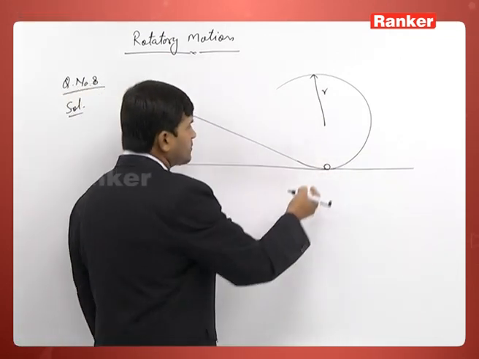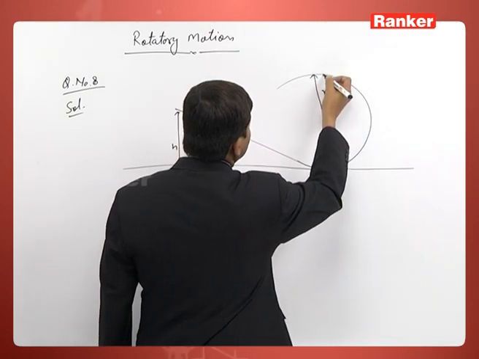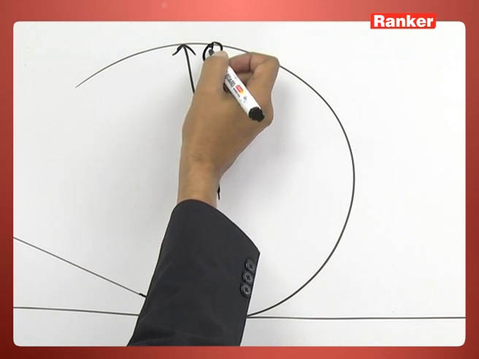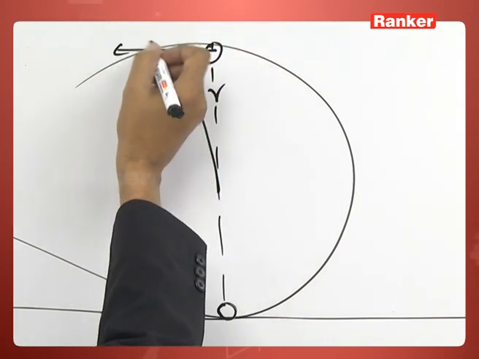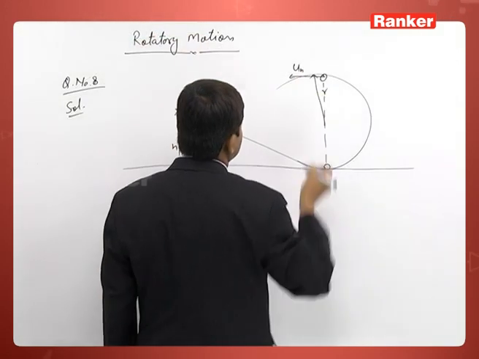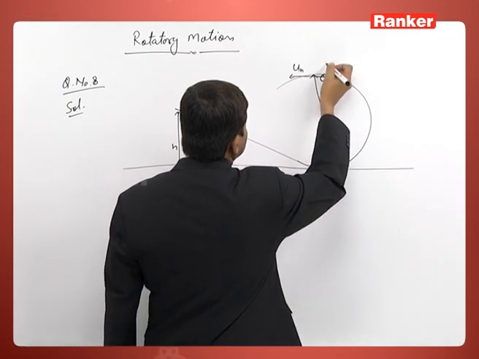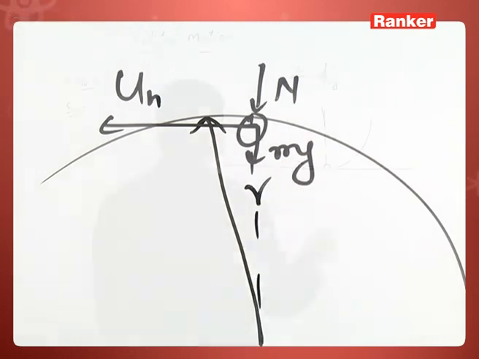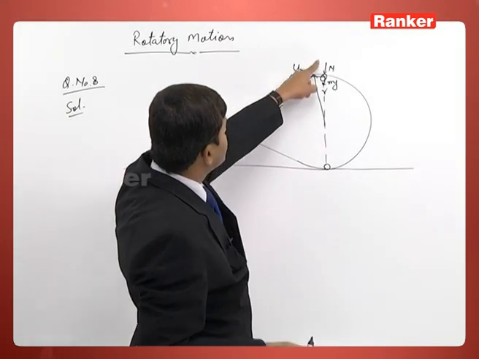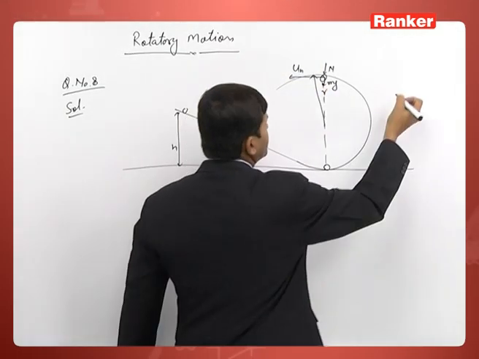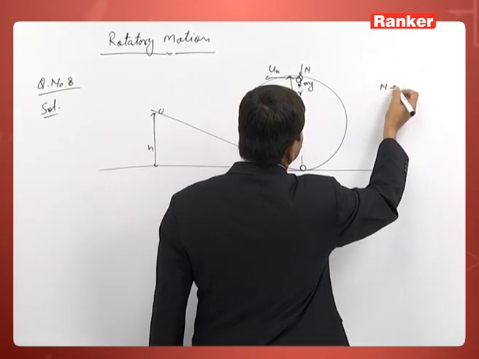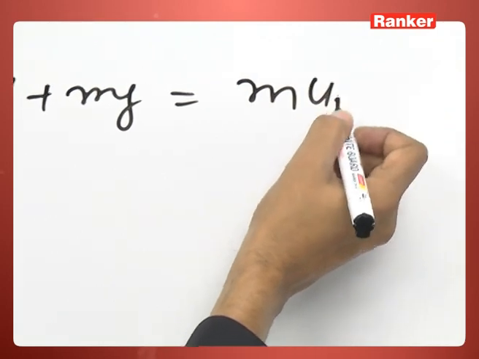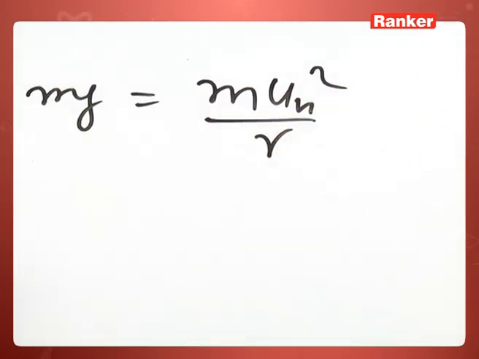To complete the cycle, what is the minimum velocity at the highest point? When the particle is here, let the velocity of the particle be UH. The forces on the particle are N and mg. These two forces N and mg provide the required centripetal force. N plus mg equals m UH square by r.